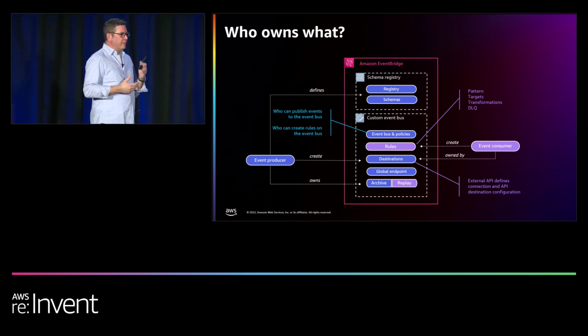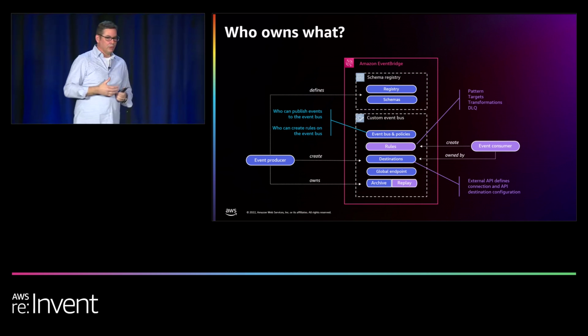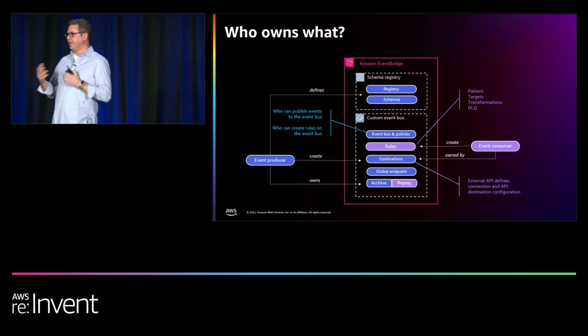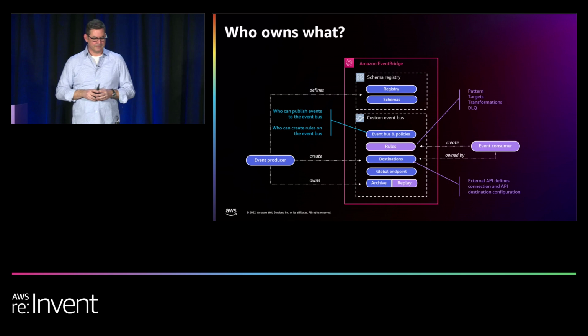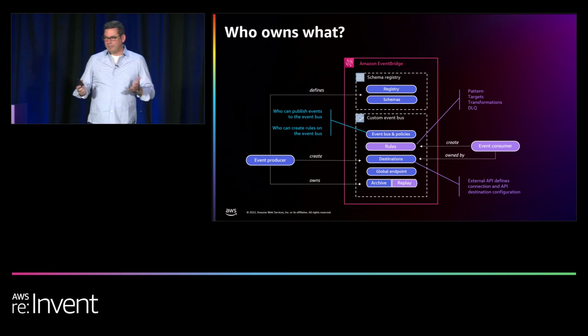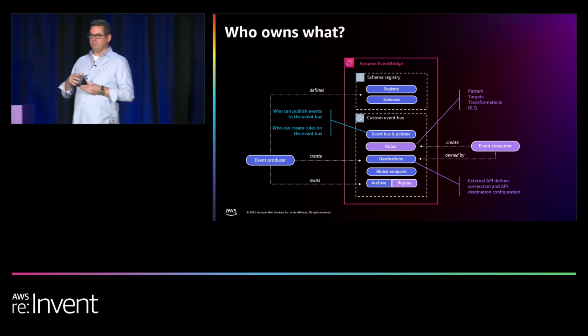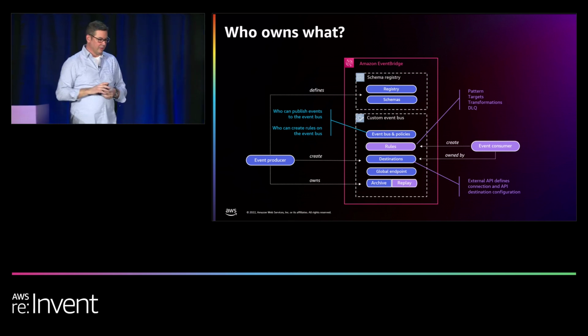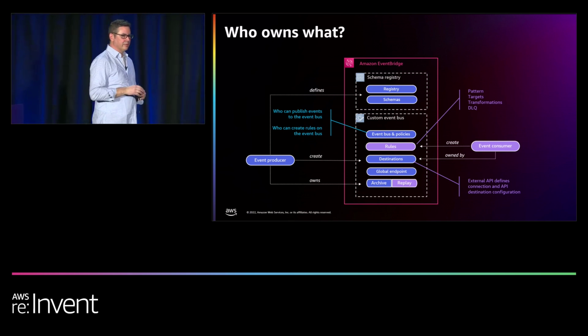That includes also defining all of the patterns, all of the integrations, and things like dead letter queues and retry policies. Now, for this to actually happen, the event producer needs to grant the necessary permissions to allow event consumers to be able to do that.